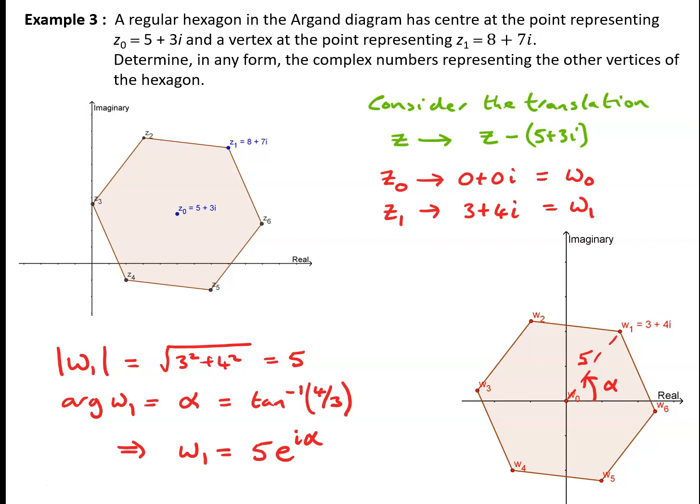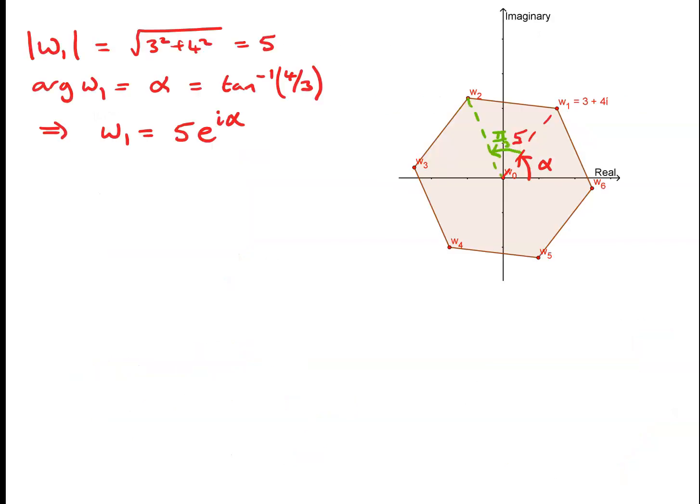So w1 we've got in its modulus argument form, it's got modulus of 5 and an argument of alpha, so we can say that w1 is 5e to the i alpha. So w2, well, we've got a regular hexagon, so the angle at the centre made by consecutive vertices is going to be pi by 3.